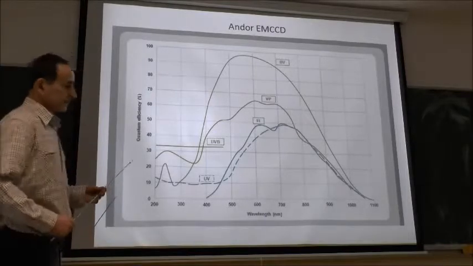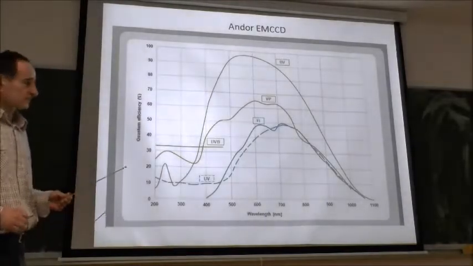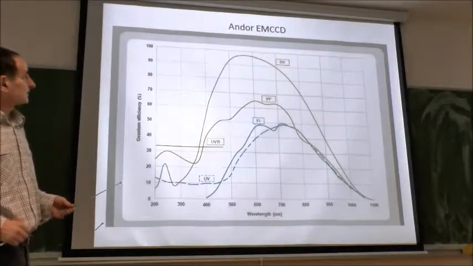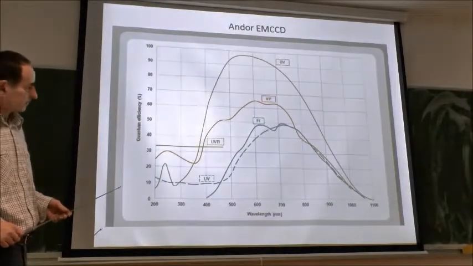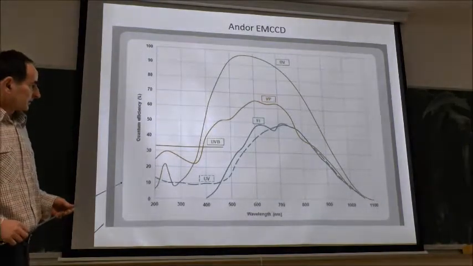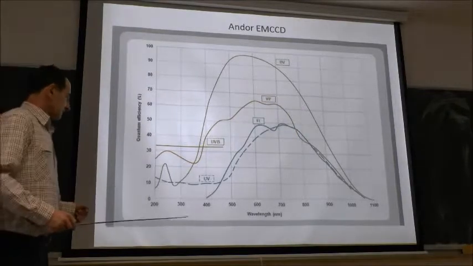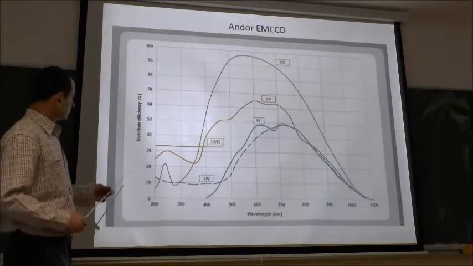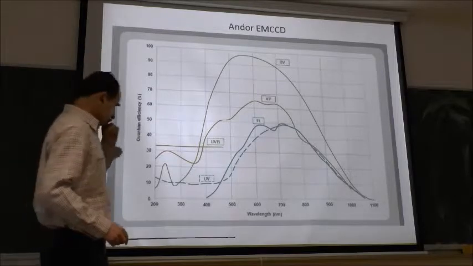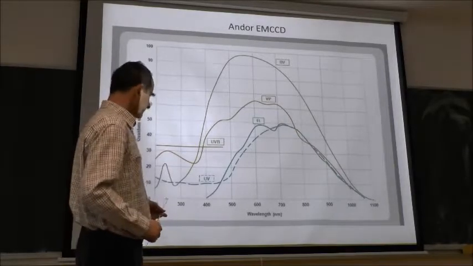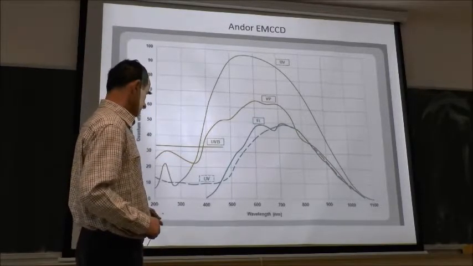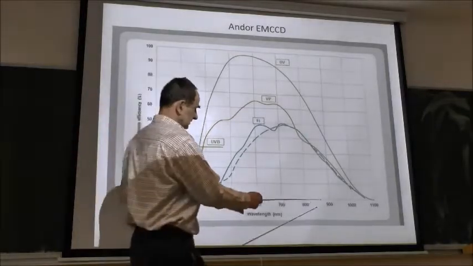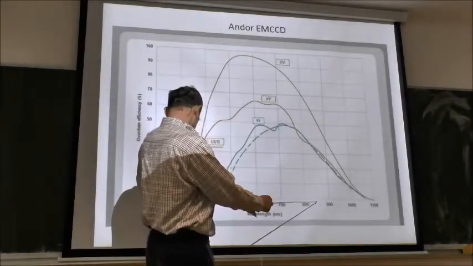Detectors. There are three detectors. Two CCD cameras. One is an EMCCD, and the diagram we see is about quantum efficiency. The working frequencies of our lasers are in this range.